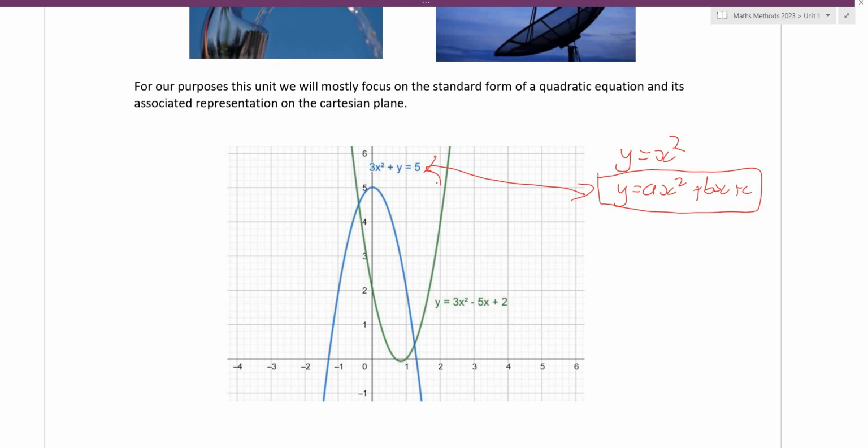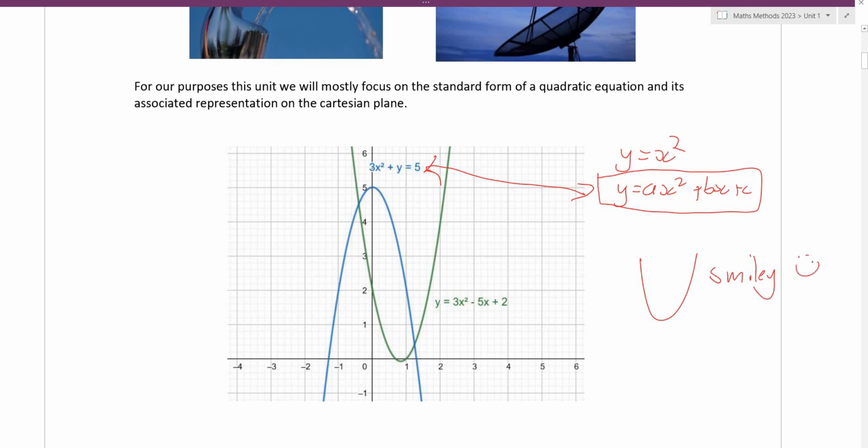So you make a good point. An upwards facing parabola is what we call a smiley.